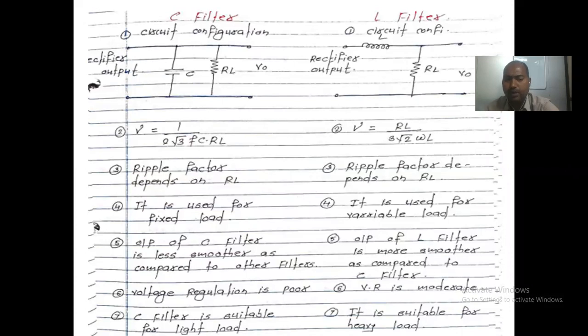Now see what it means when we use the capacitor type of filter. When we change the device connected at the output, that is the RL, the load of the device, then if the output device changes, the performance changes. So in the case of the capacitor type of filter, the ripple factor, meaning the unwanted component coming across your devices, depends on the RL.